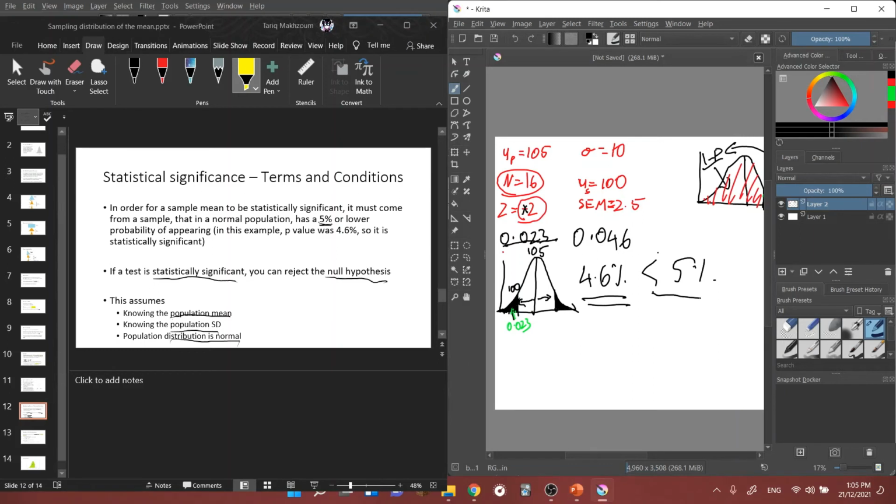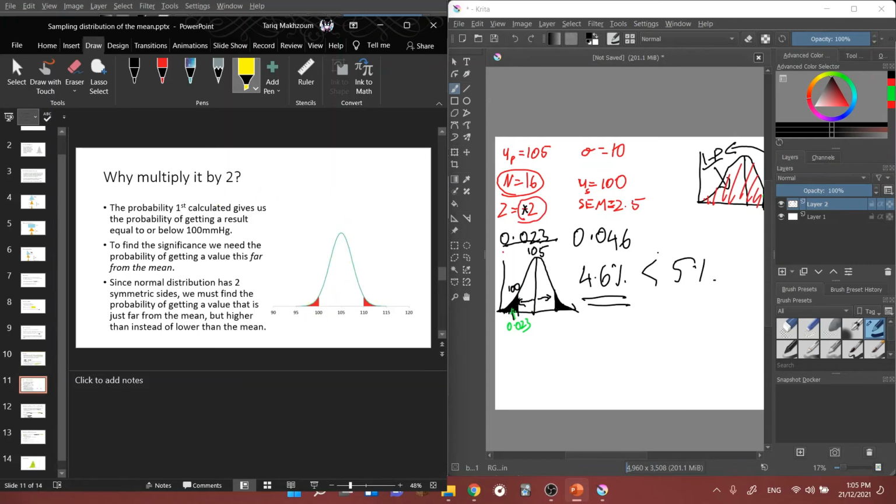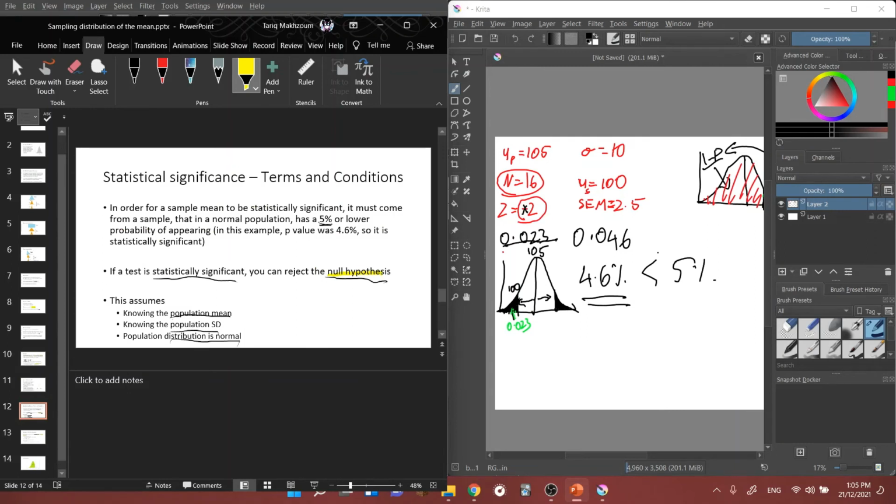If you did this check on both sides, and the final result was less than 5%, then you can say that your experiment was statistically significant. And if it is, then you can reject the null hypothesis. In this case, you can say that yes, the heroin that we gave the patient did in fact lower their blood pressure, and it wasn't just due to random chance.